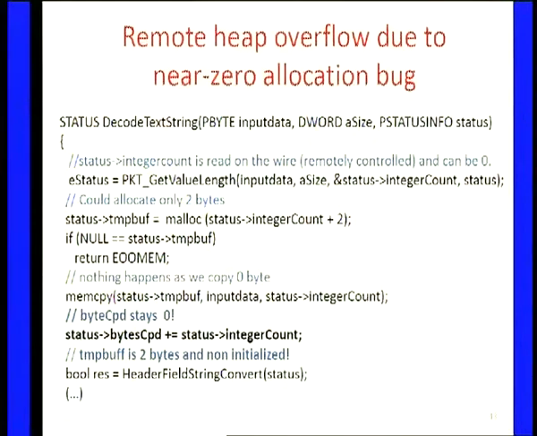Say you have this function get value length that reads status arrow integer count. You don't know the value of that, but when you do the malloc, you do this value plus 2. So the size holding variable is 0, but the size of the allocation is not 0.